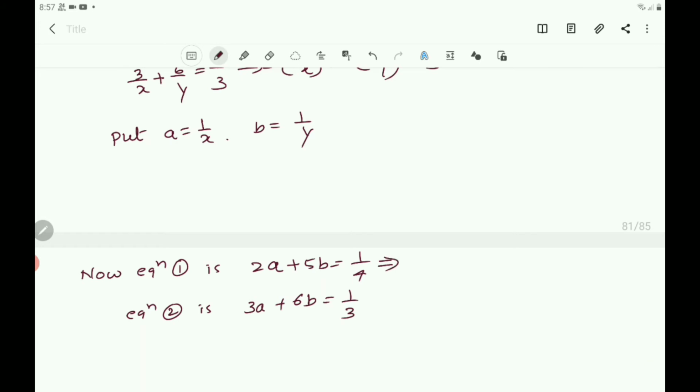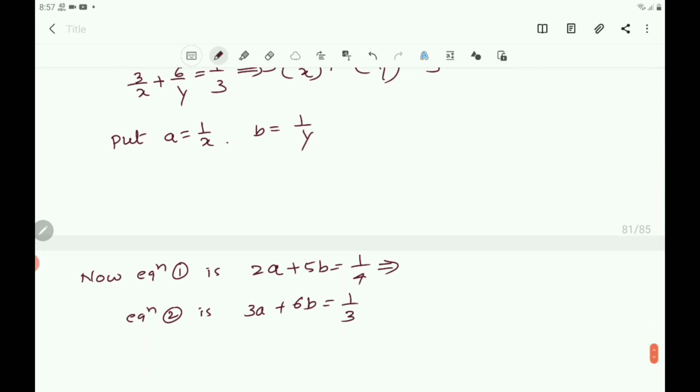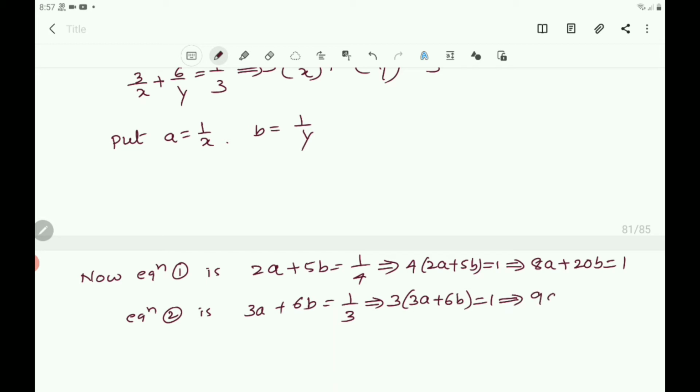Now the first equation, by cross multiplication, becomes 4 into 2a plus 5b equals 1, that implies 8a plus 20b equals 1. Also here, by cross multiplication, 3 into 3a plus 6b equals 1, that becomes 9a plus 18b equals 1. Now you have this as equation 3 and this is equation 4.